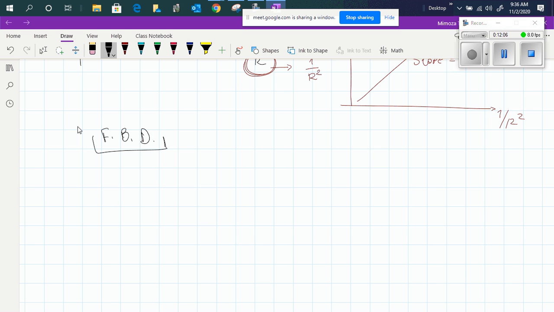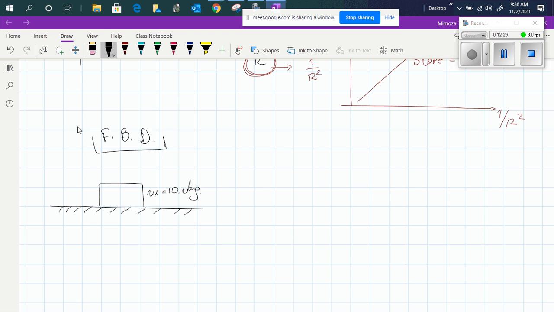So if we have as a situational diagram an object with a given mass, let's say the mass is 10 kilograms, on a horizontal surface with or without force applied, let's say without.